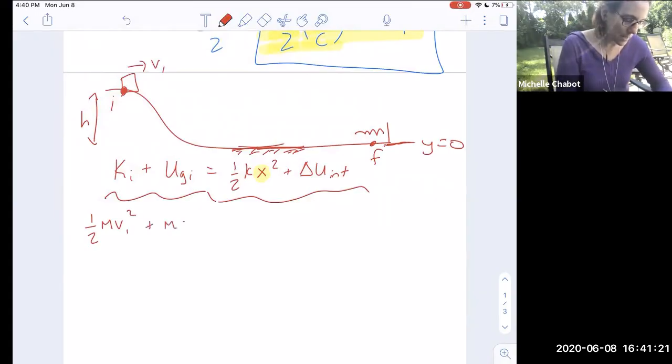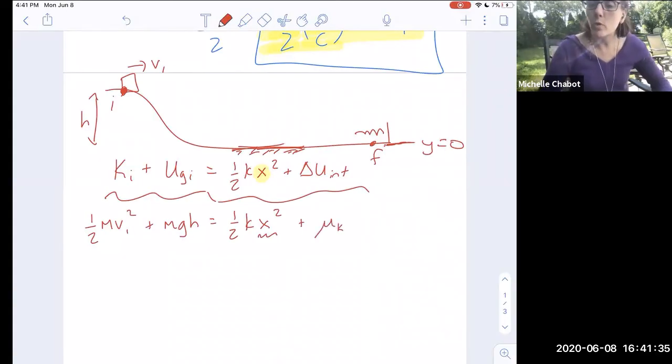And then plus mgh, h was given to us, that's the height of the hill, equals 1/2 k x squared, and again we want to find x, and then plus delta U internal, which is mu sub k times the normal force. It's level ground, so my normal force is just mg, times the path length, and that's going to be L, that was given to us as well.